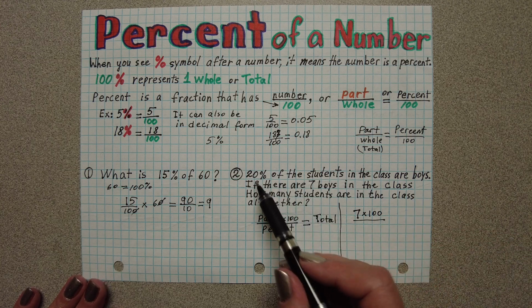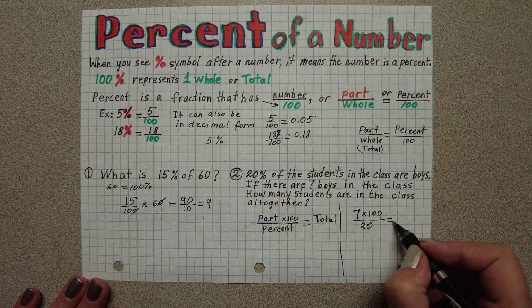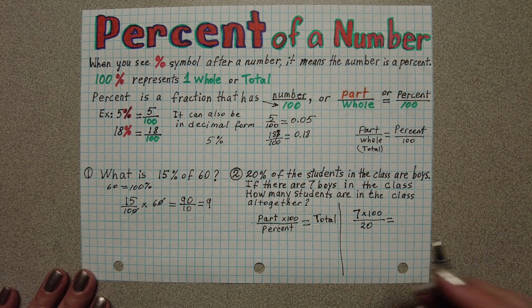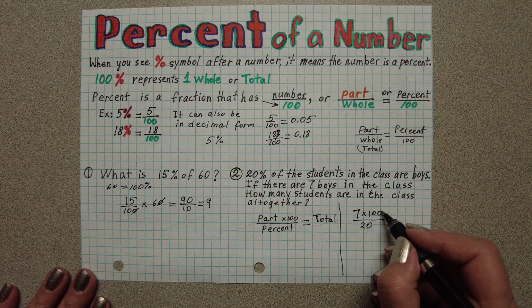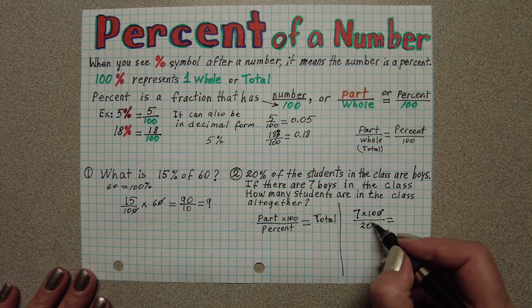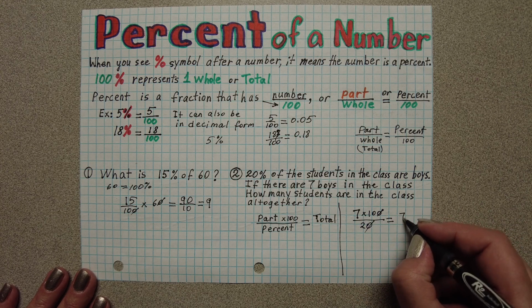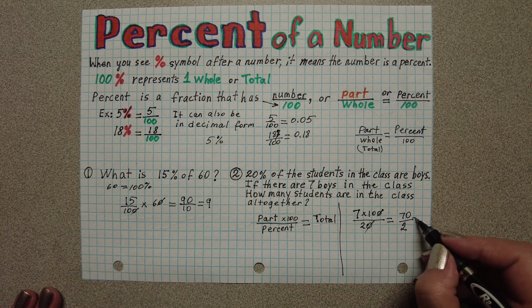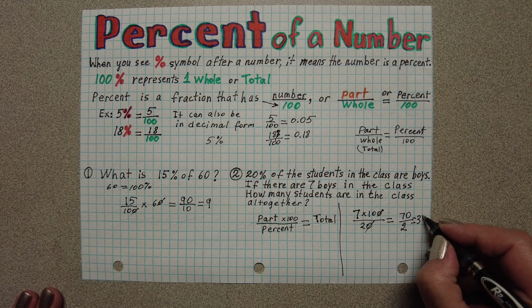The percent was 20%. Equals our total number, our whole. Now let's simplify this again. This 0 with this 0 we can eliminate. What we have here is 70 divided by 2, which is 35.